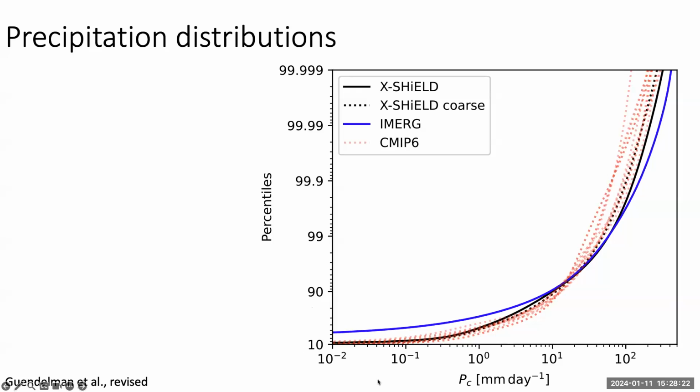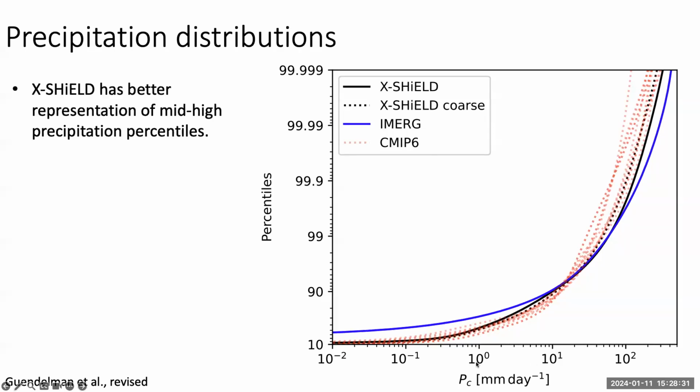This is the y-axis. The x-axis is the precipitation value, so millimeters per day. The solid black line is X-Shield in its native resolution, and the blue line is IMERG, which is a type of estimate for observations.